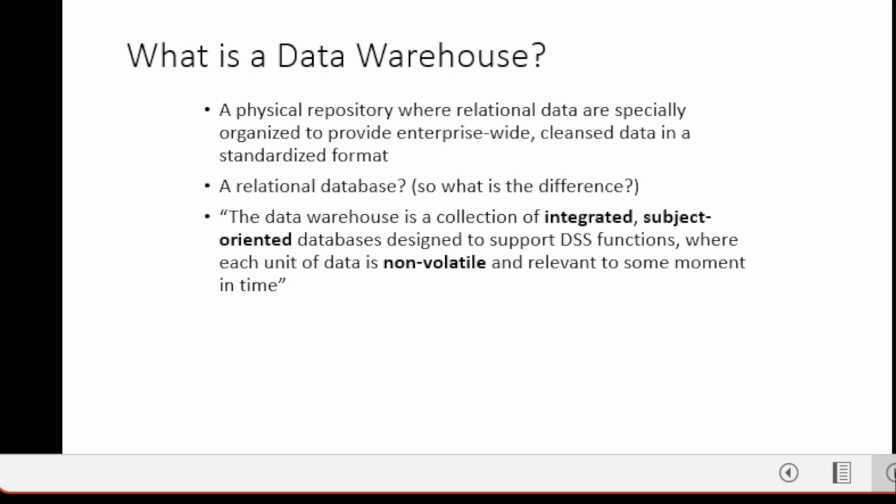So a data warehouse is a collection of integrated subject-oriented databases, meaning it is based on subject, and it is designed to support decision support functions where each unit of this data is non-volatile. Non-volatile means the data existing in the data warehouse should not be changed.